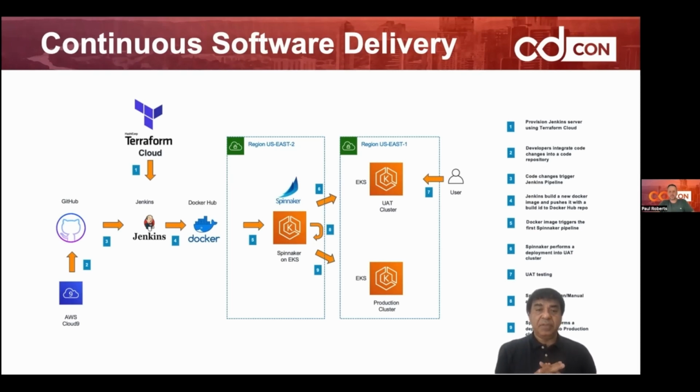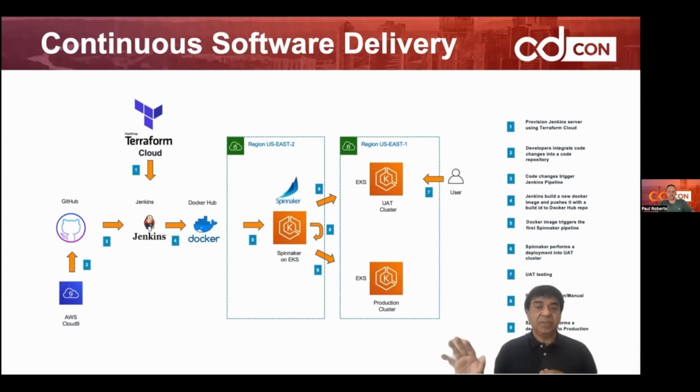And then in the middle, you have a Spinnaker EKS. This is one of the Amazon EKS clusters, where all I have is Spinnaker installed and running, which takes care of the continuous delivery.